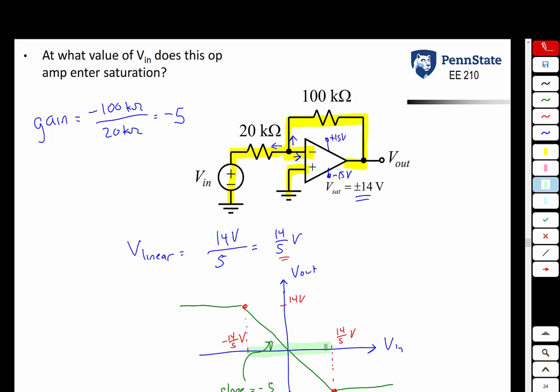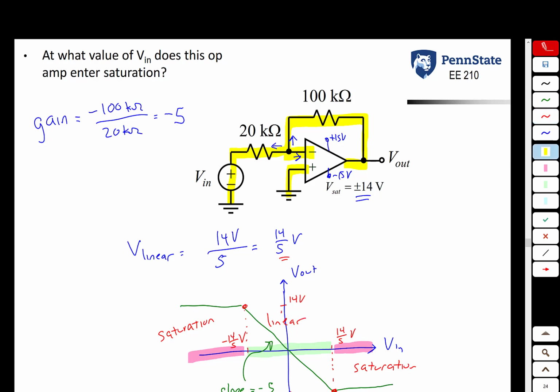If the input is within this range, the op-amp is operating as you expect it to, and it gives us a voltage equal to -5 times the input voltage. If, on the other hand, the input is operating outside this range, you don't get the result that you expect, and we call that the saturation region. So we have saturation region there and there, and we have the linear region in the middle here.